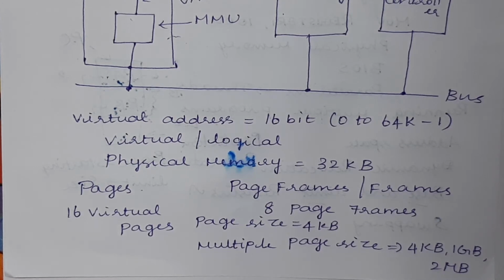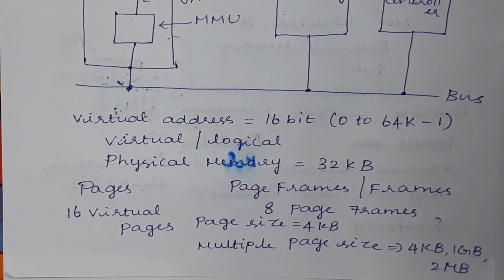Even in the virtual address space we divide into equal fixed partitions, which means the process has been divided into fixed partitions, and all partitions are equal in size. Already we discussed the memory partition concept, so this type of equal fixed partition is what we follow in the paging technique.